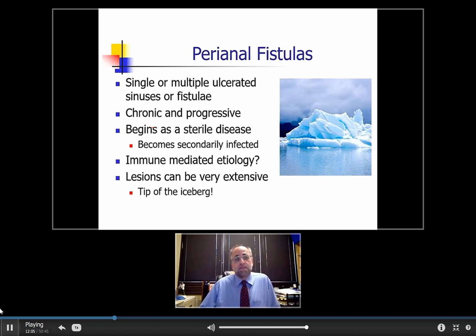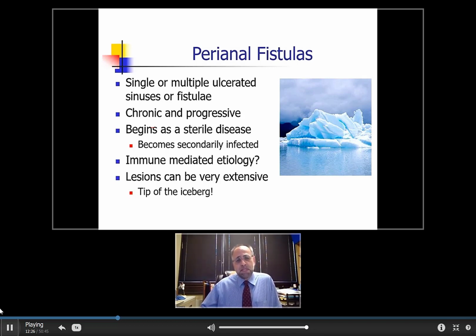It oftentimes begins as a sterile fistula, but oftentimes these open sores, because of their location to the colon and rectum, do become secondarily infected. It is believed to be of an immune-mediated etiology, and again, that's why I'm very glad as a surgeon to not have to do surgery on these anymore.